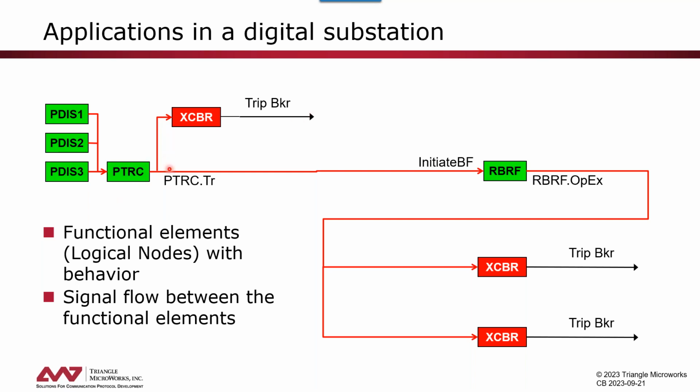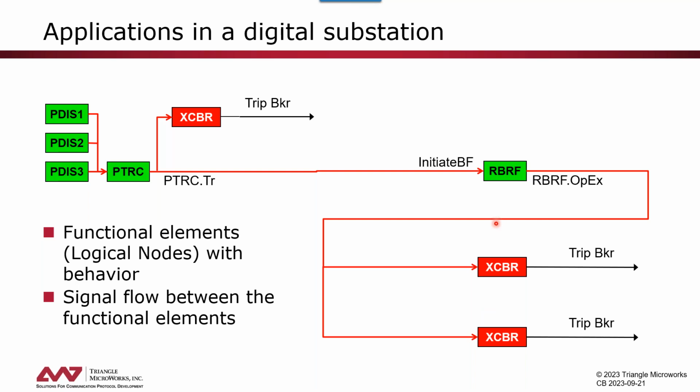At the same time, the trip signal that is sent to the breaker is also initiating our breaker failure function. The breaker failure function will supervise if the breaker has opened, if the breaker failed, maybe doing a local retrip, and if it still fails, we'll do what is called in 61850 external operate, data object OpEx, that is basically going to the neighbor breakers that we need to trip in order to clear the fault.